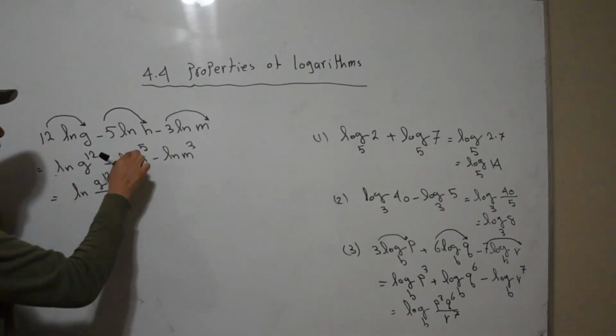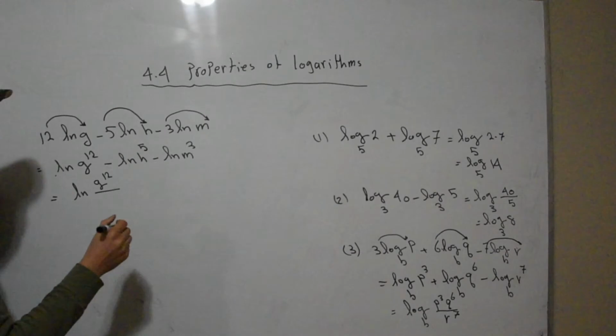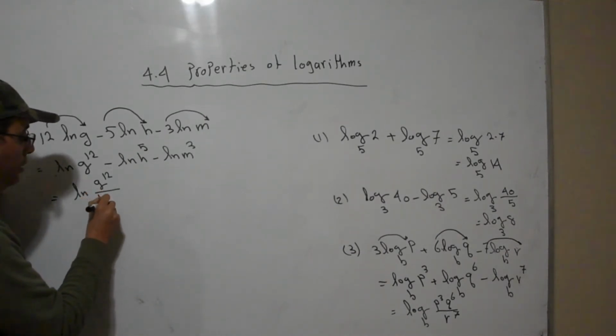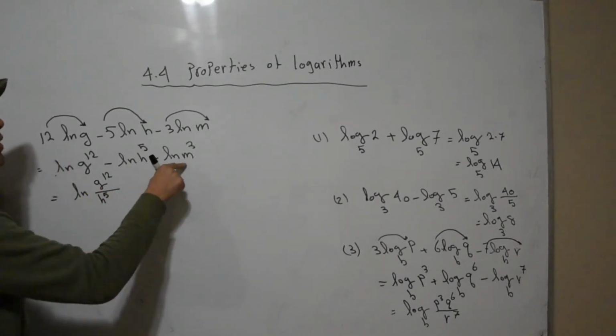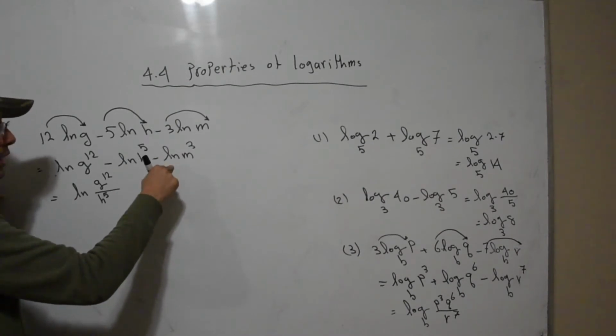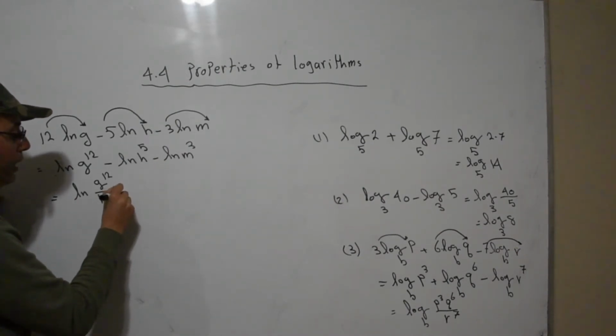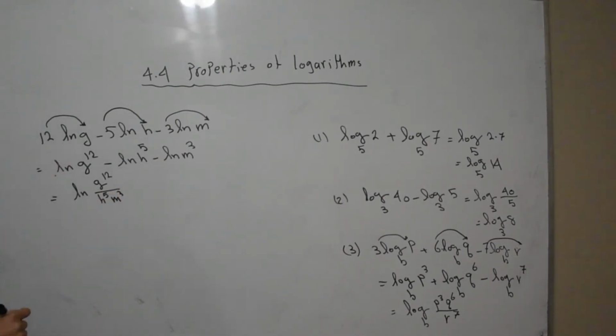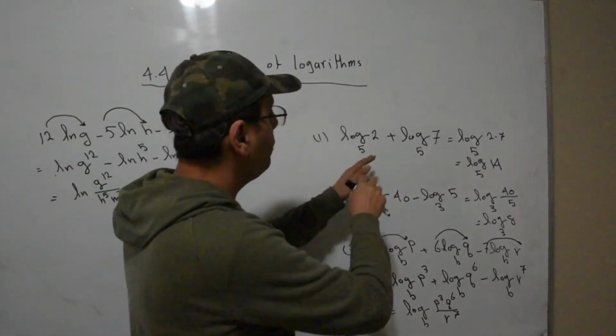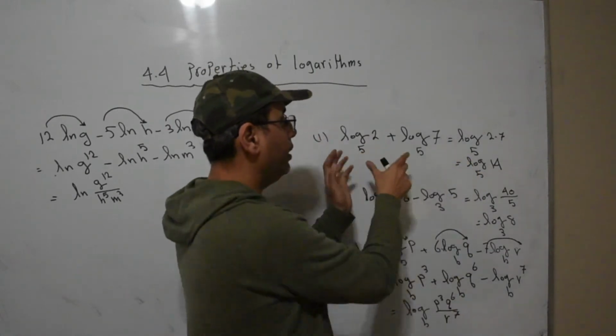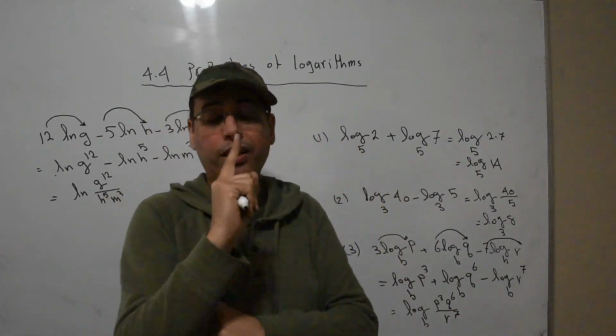Negative ln of h is fifth, so that is negative h to the 5th. And then m cubed, negative, so m cubed goes down. Okay? Alright, so in all of these problems, we were combining some logs in one log.